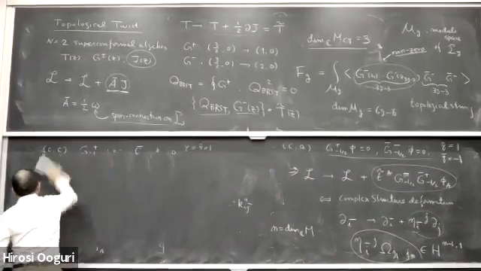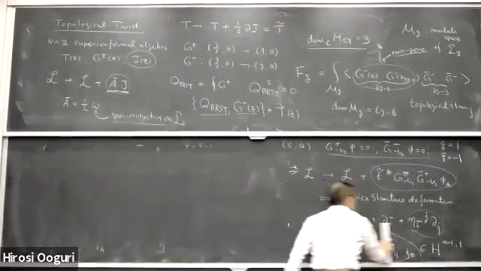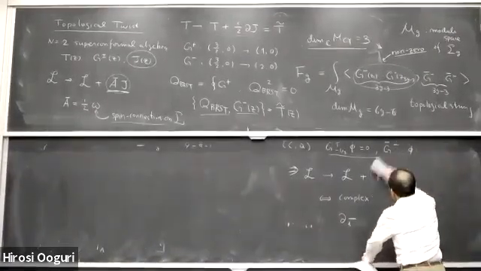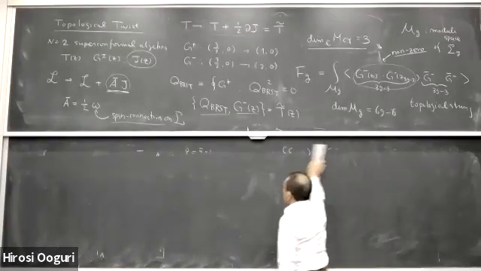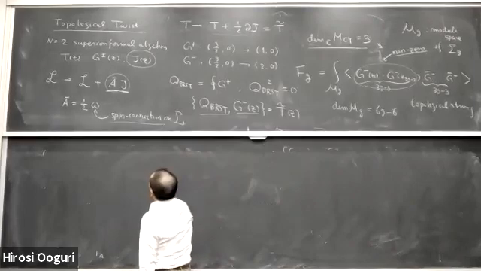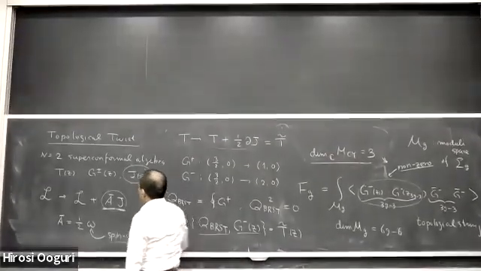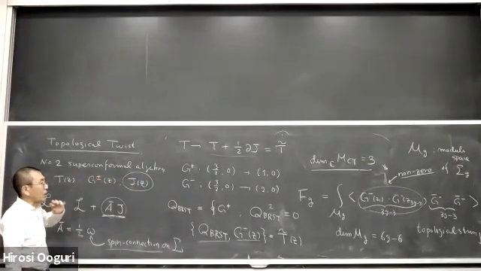Oh, I shouldn't have erased this, but I'm erasing it. So let me just erase the whole thing. I defined the topological twist here, but in fact, I have only defined the topological twist for the left mover, and I could have also defined the topological twist for the right mover.